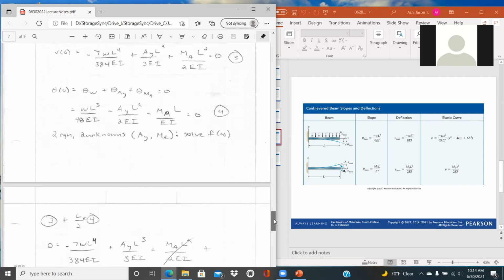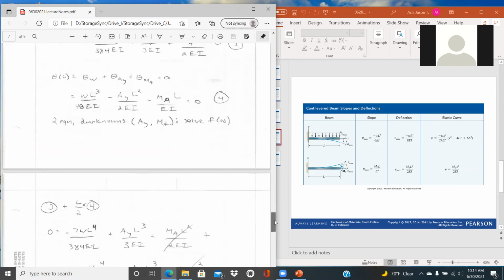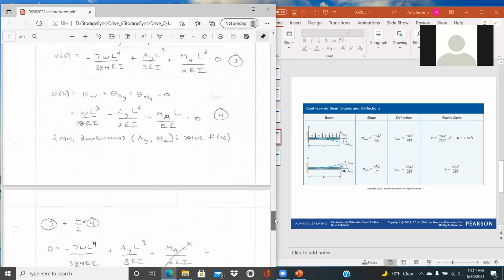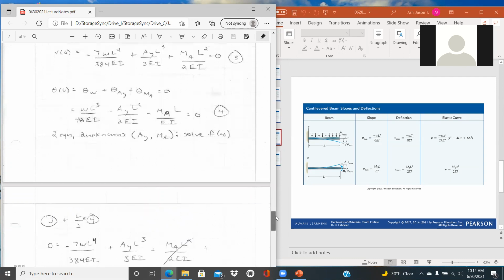And so looking at that, we're really adding the left-hand side of the equations, which are 0 plus 0 gives us still 0 for the displacement and slope. And then when we add the right-hand side of the equations, we're doing equation 3 directly, so minus 7 WL to the 4th over 384 EI plus an AYL cubed over 3 EI plus an MAL squared over 2 EI.